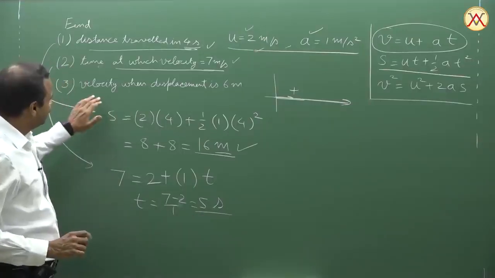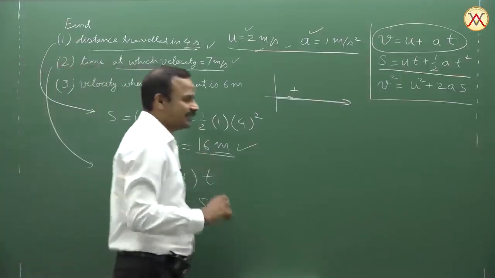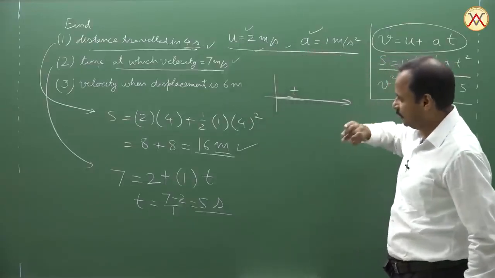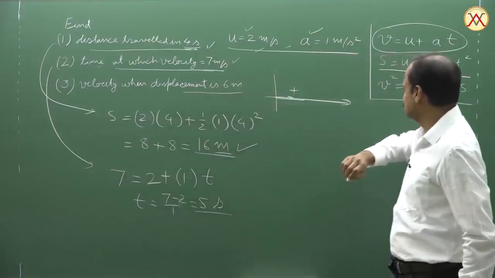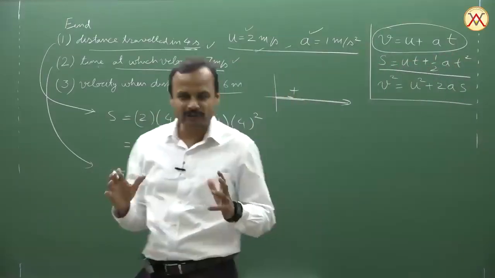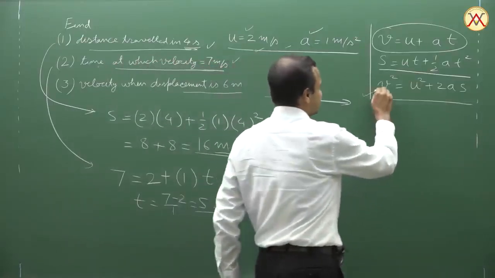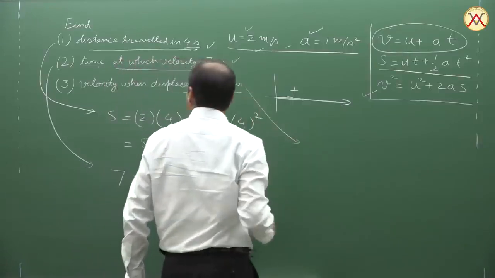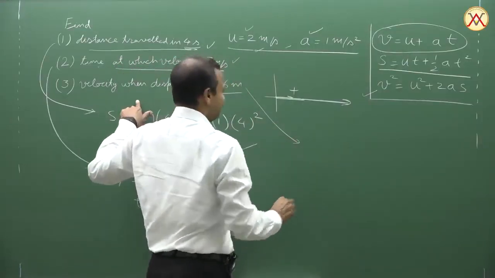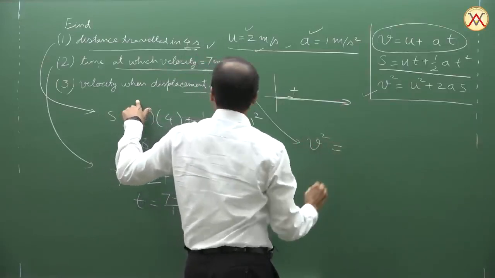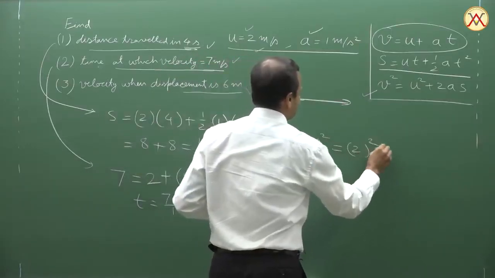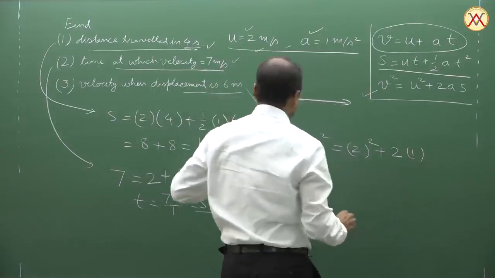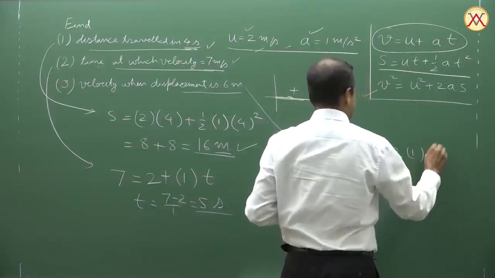Now the third part, here we have to find velocity when displacement is 6 meters. So u and a are already known. We have to find v. Which equation connects displacement to u, v and a? That's right, it is equation number 3. So we will use equation number 3 for the third part. v squared is equal to u squared, which is 2 squared, plus 2 into acceleration, which is 1, and displacement is 6.